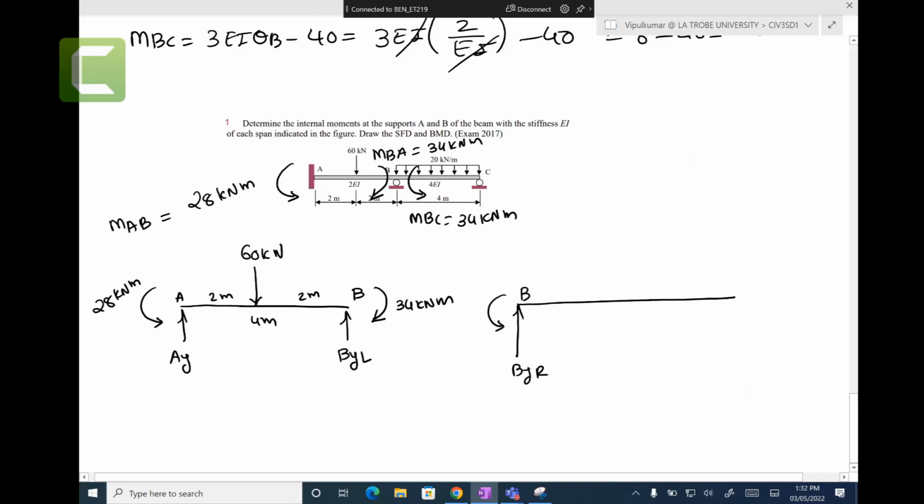Let's say this is B, and you have 34 kilonewton meters, a UDL load of 20 kilonewton per meter, and then you have CY, and that is 4 meters. Do you understand what I have done? I just broke the whole thing down, put in the moments that we found, and we have unknown reaction forces. That is our step now.